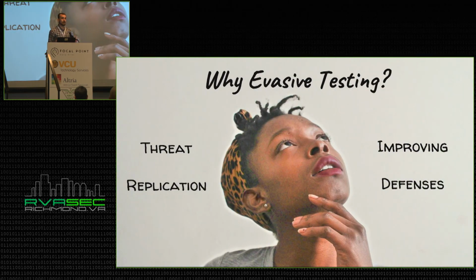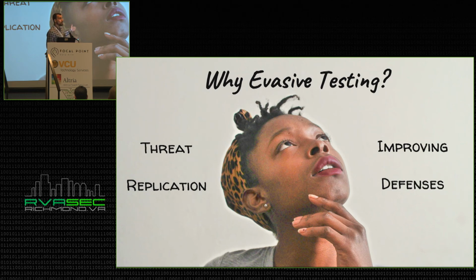So another question to ask is, why would you want evasive testing for a penetration testing engagement? There's really two facets to it. One is you want threat replication, because oftentimes, pretty much every time, attackers are not trying to be caught. They're trying to evade the detections you have in place on the perimeter or on your internal network. And through evasive testing, you can get an accurate idea of whether or not your defenses are actually picking up this activity.